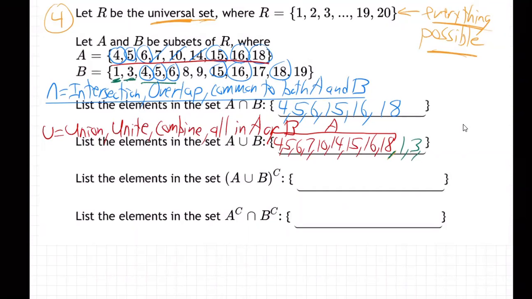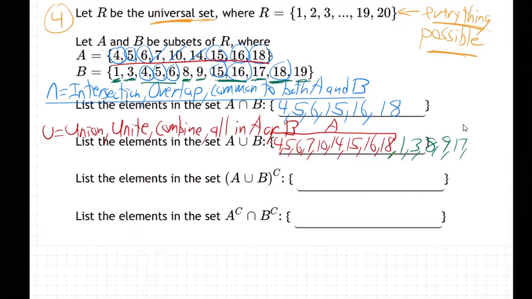4, 5, and 6 we've already got, right? Right here, 4, 5, and 6. 8 and 9 are new. 15, 16 we've already got right here. 17 is new. 18 we've already got right there.